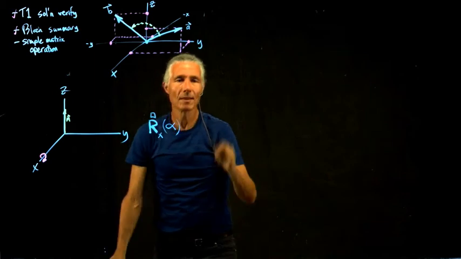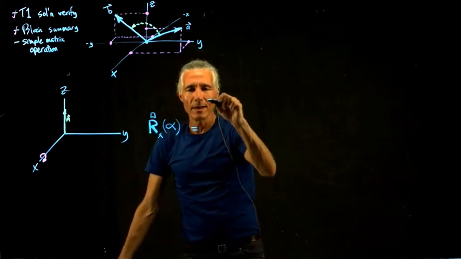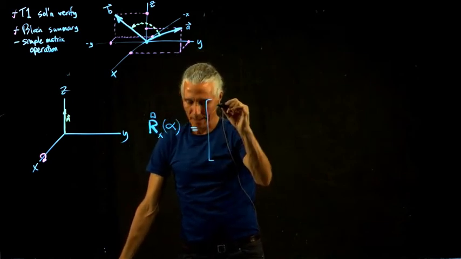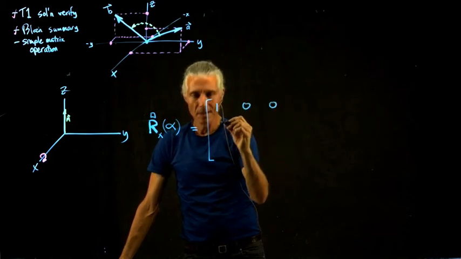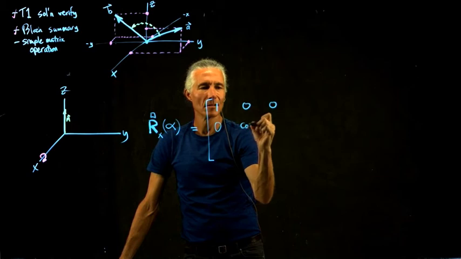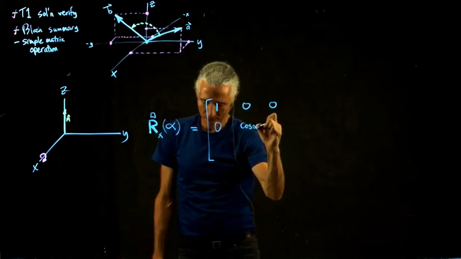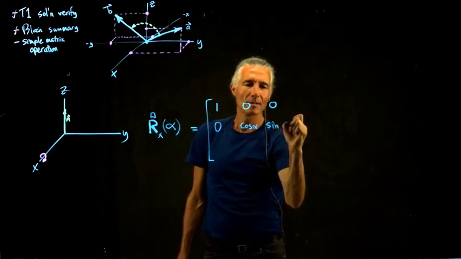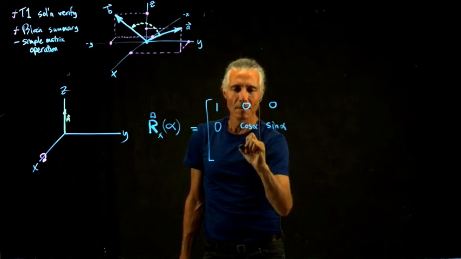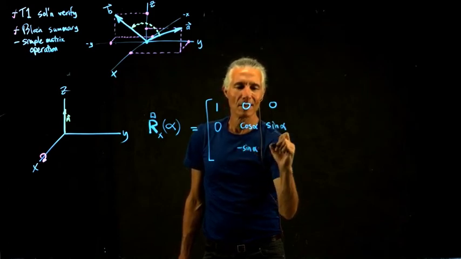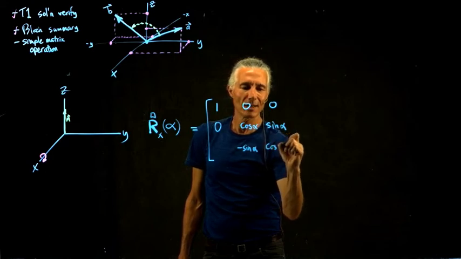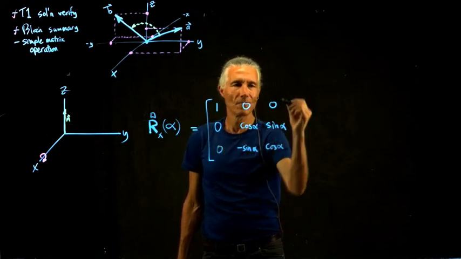And the matrix that does that looks like this. 1, 0, 0, 0, cosine of that angle, sine of that angle, minus sine of that angle, cosine of that angle, 0.